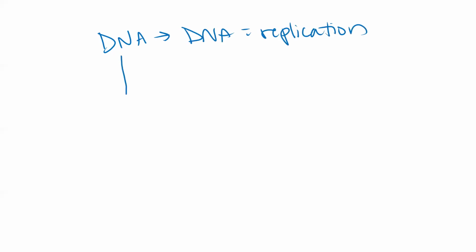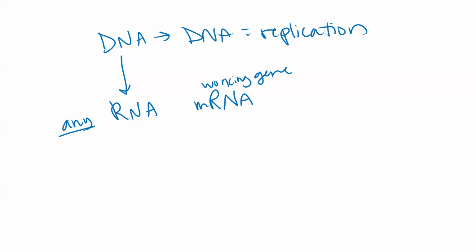But if we're going DNA to RNA of any kind, this isn't just messenger RNA. This is any RNA. Remember, there's going to be messenger RNA, which is the working copy of your gene.